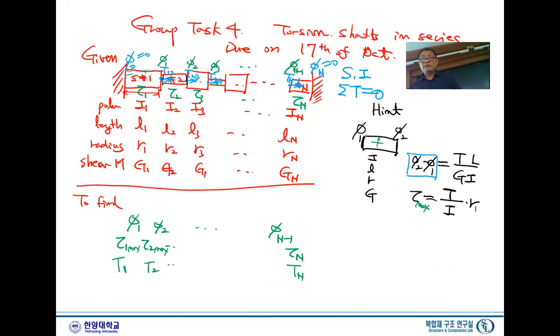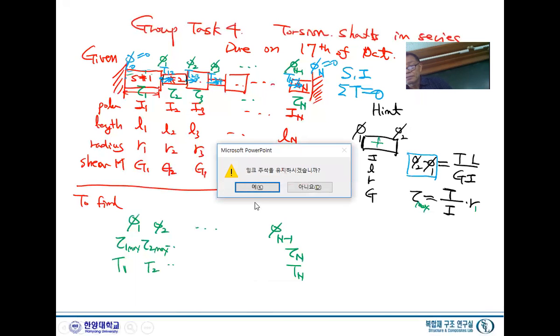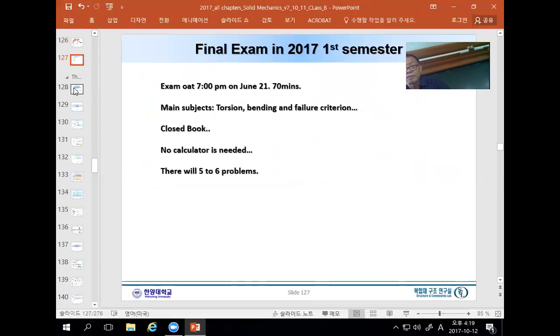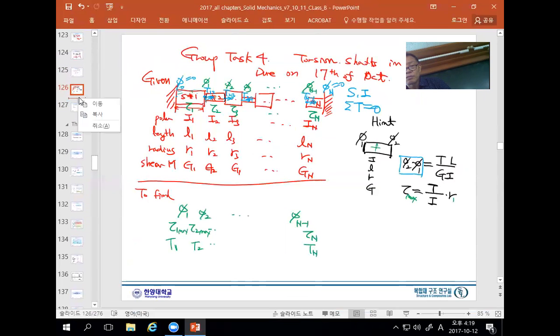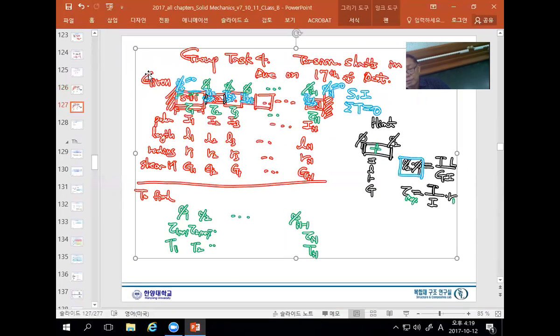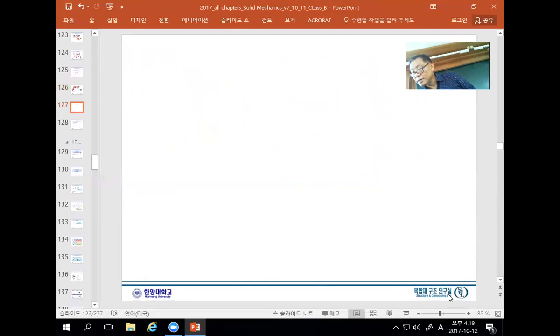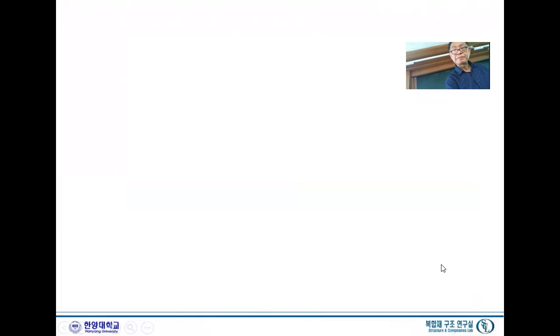Okay, so this is task 4, and now I will say task 5.